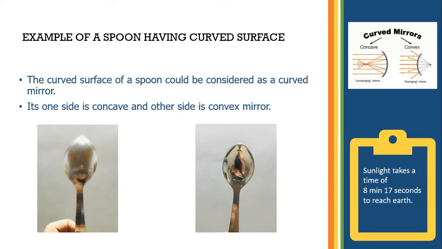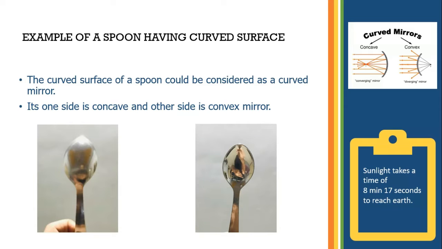Before discussing a curved surface, let's take an example of a spoon. You can see the two different sides of a spoon. One is the back side, which is the first image, and the second is the front side, which is the second image. This curved surface of the back side and front side of the spoon is known as a curved surface.